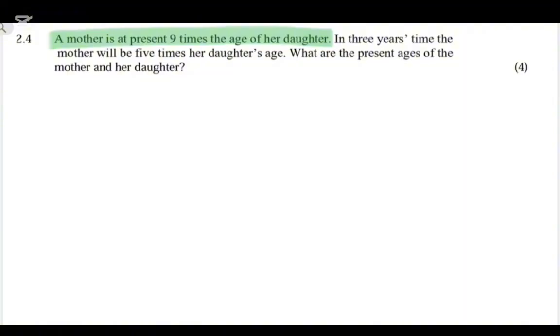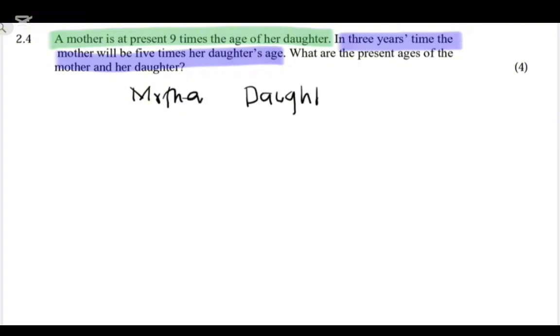And then this one says in 3 years' time, the mother will be 5 times as old. This is for the future. So we need to create an equation. The way that I do it is to use a table. I'm going to make a table for a mother and also a daughter.